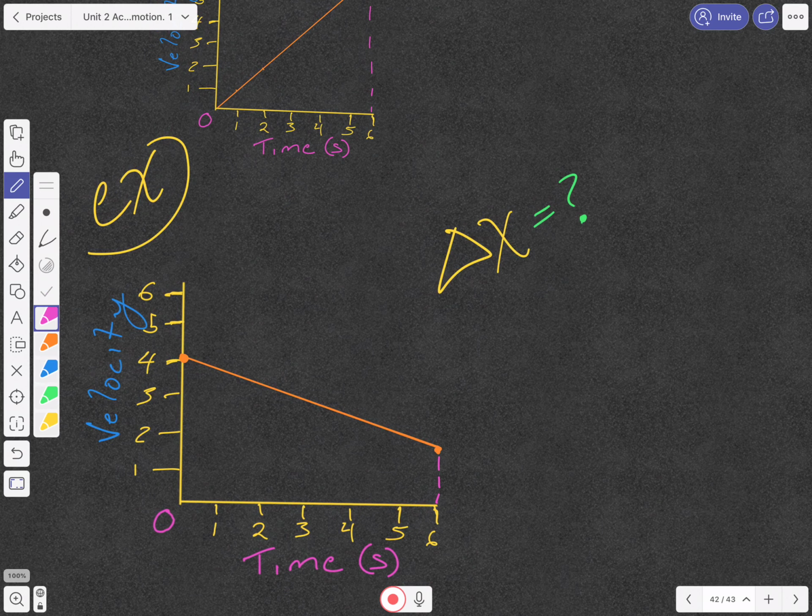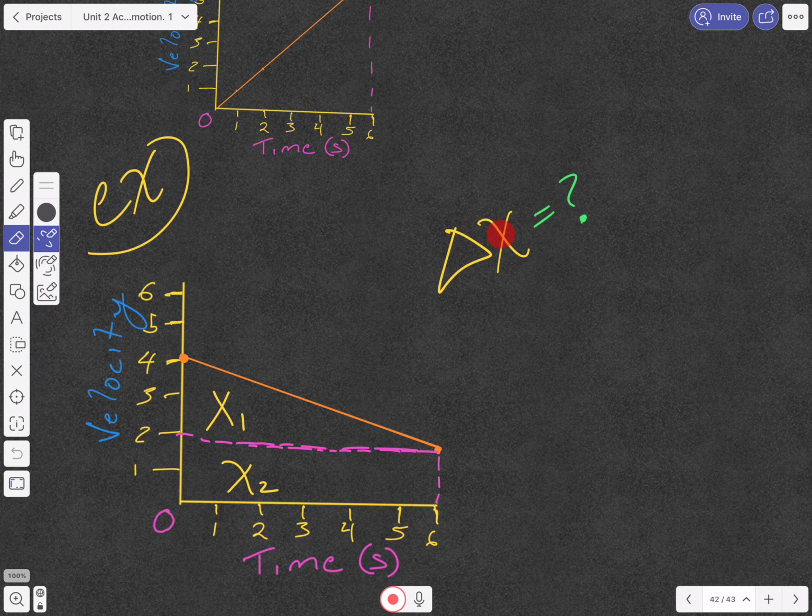So this is at 2, and it's easier to see on your graph. It should be a little more clear. I don't have grid lines on mine. So I'm going to break this up as x1, and this is going to be x2.